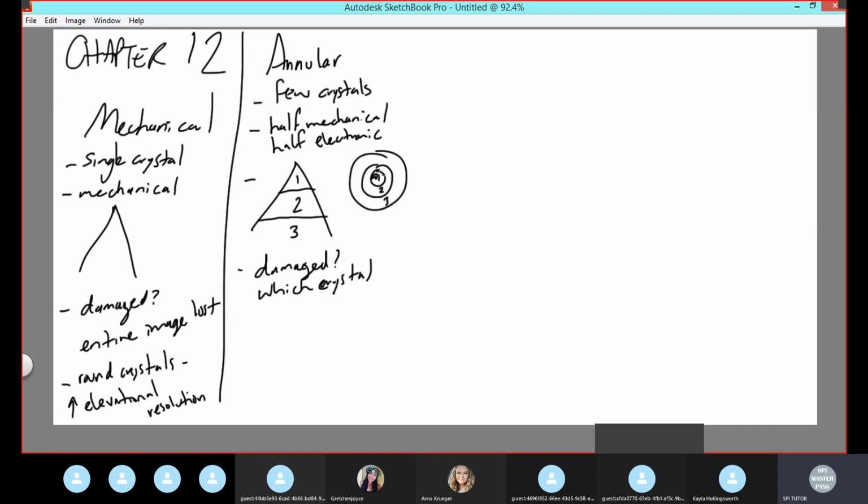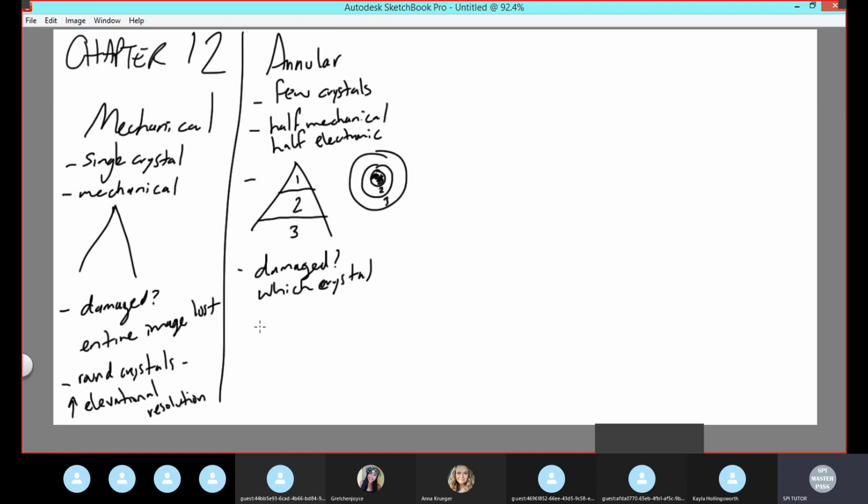If crystal number 1 is damaged, then you lose that part of the image, because that part of the image is created by crystal number 1. Okay, so that's the way it looks. So you'll see this horizontal drop off pretty much. That's how your image will look. You'll see tissue and then a complete drop off and then tissue again, assuming this is what happened. That's what you'll see.